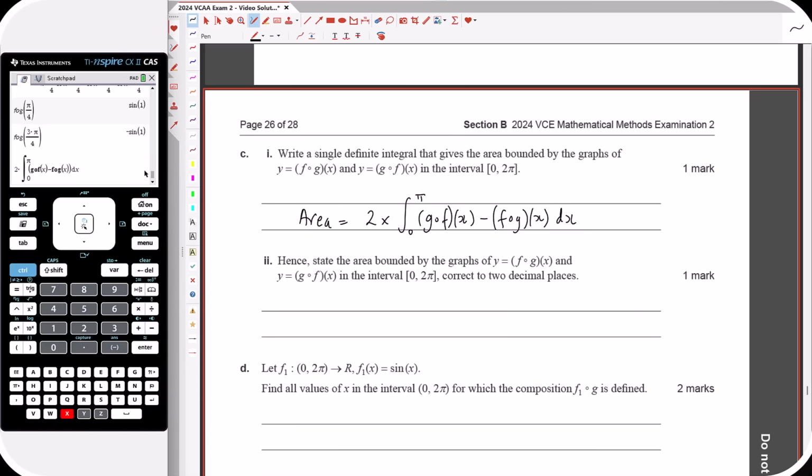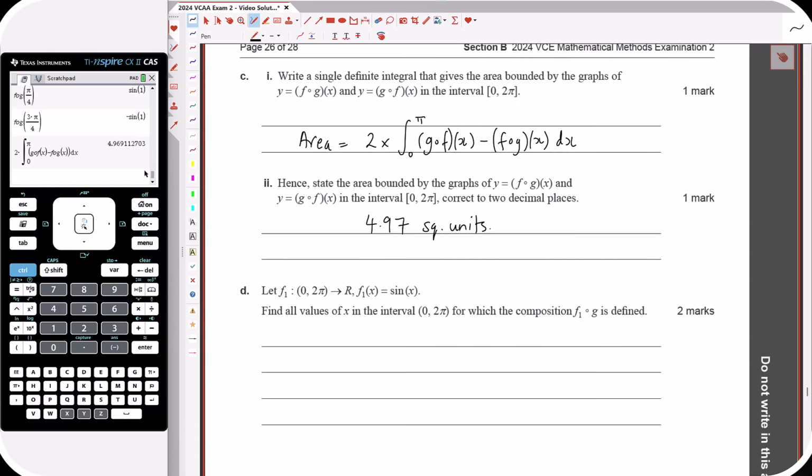It helps me, because I don't have to constantly think about whether I called goff d of x or h of x. The more you can use the same variables in your CAS as what's on the paper, the less issues you're going to have with accidentally writing down the wrong variable or mixing up your functions. So it's just about good CAS use. All right, so we want this to two decimal places. This integral gives us 4.97 square units.